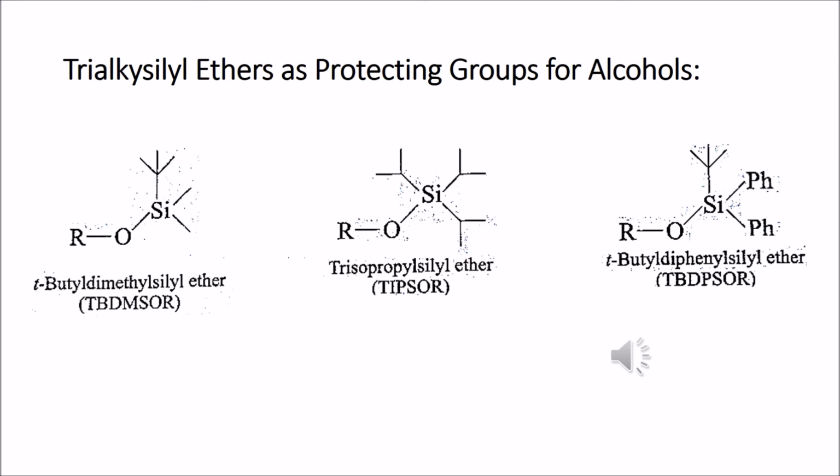Examples are given here: tertiary butyldimethylsilyl, abbreviated as TBDMS, triisopropylsilyl, abbreviated as TIPS, and tertiary butyldiphenylsilyl, abbreviated as TBDPS ethers. TBDMS ethers are more stable to hydrolysis than TMS ethers by a factor of 10 raised to 4.